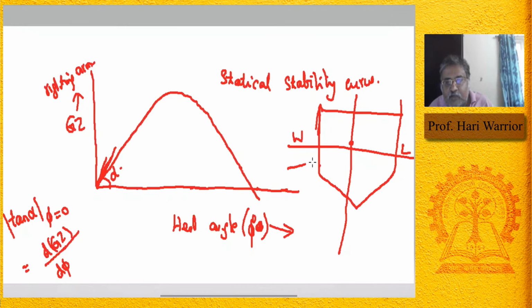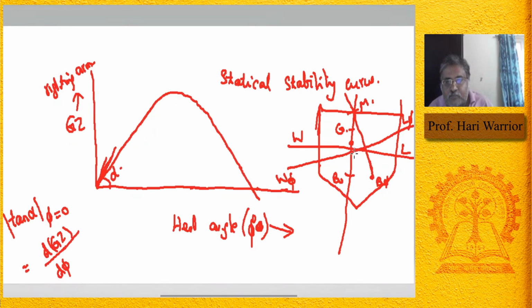This is the final water line, W5 L5. The B went to here. From B I draw a perpendicular, and it hits here at the metacenter M. Here you have G. Here you have B0. This is B5.